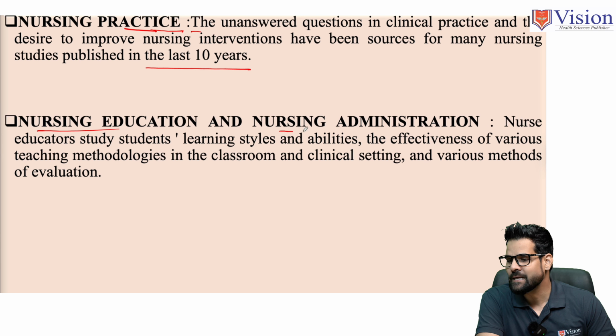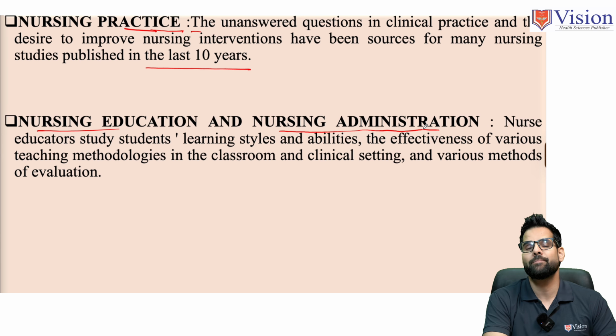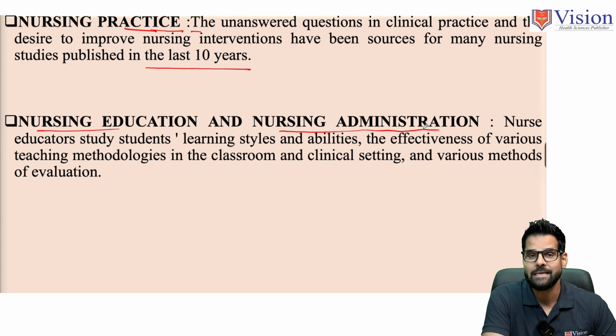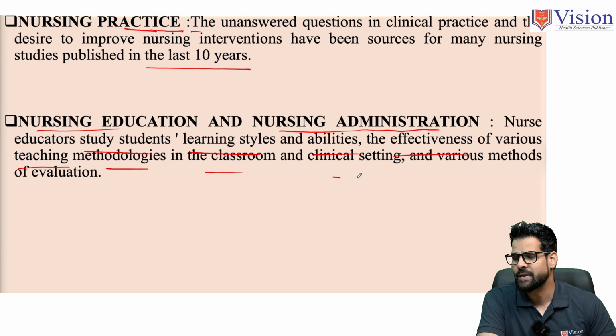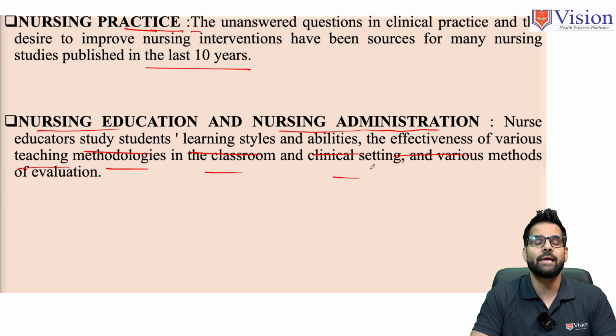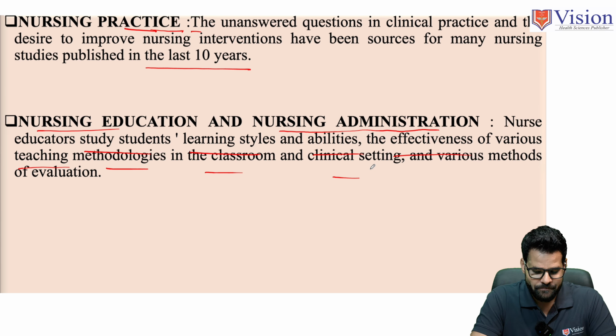Nursing education and nursing administration are also important areas that we have already discussed in the scope of research. In the same way, nurse educators study students' learning styles, abilities, and the effectiveness of various teaching methods in classrooms and clinical settings; all are areas for research. For example, why students remain absent and how we can minimize absenteeism could be a great area for research.